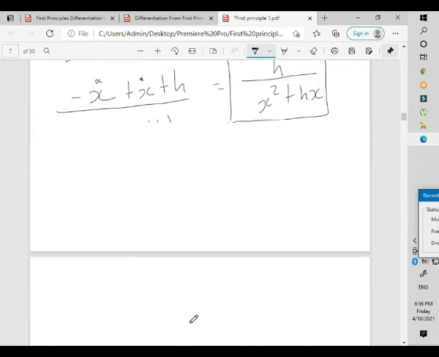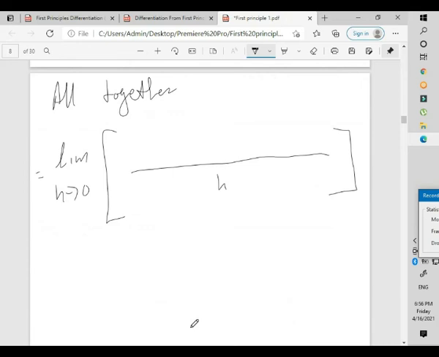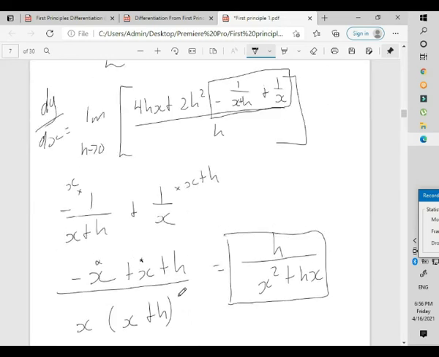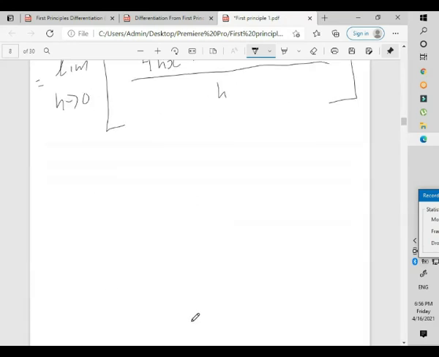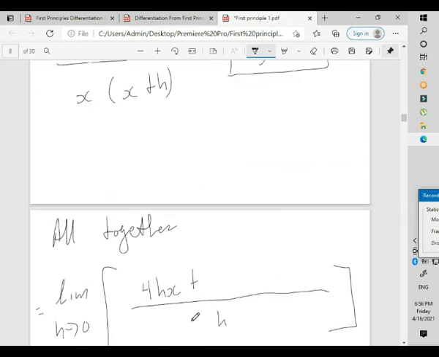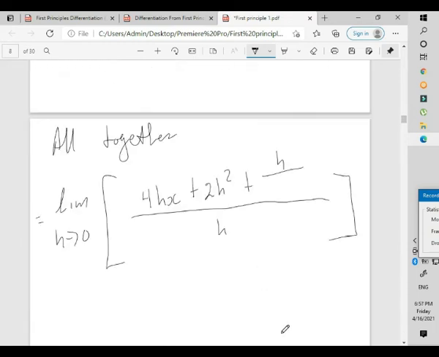For me at least. 4hx plus, what do I have up here now? 2h squared plus h over x squared plus hx. Yes, I know it still looks a little bit jumbled, but again, like I said, it's workable.